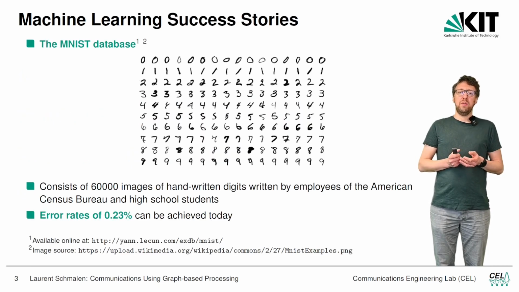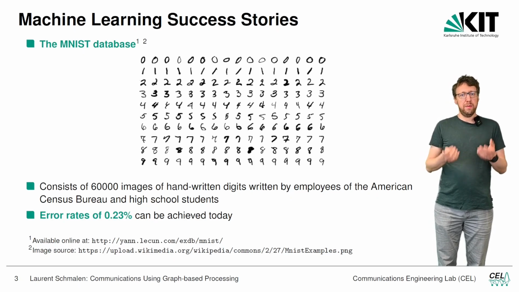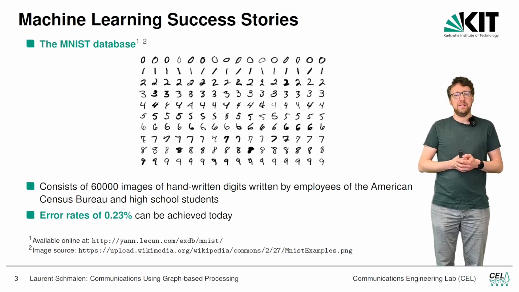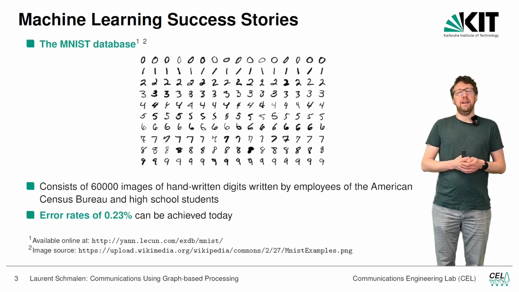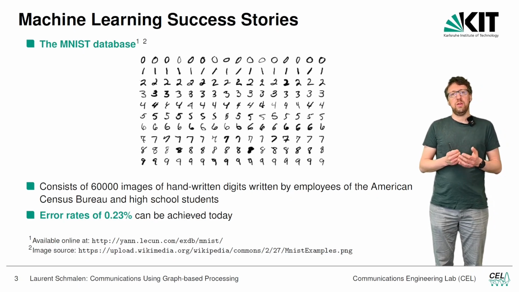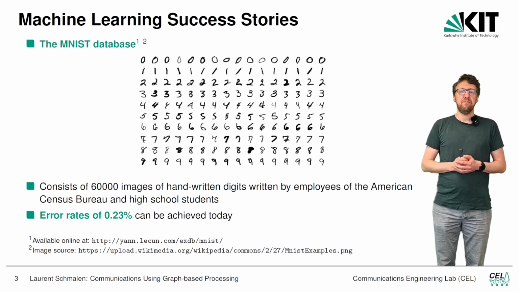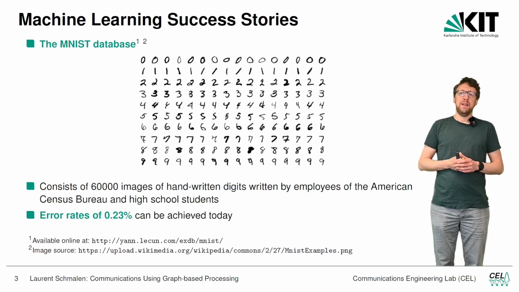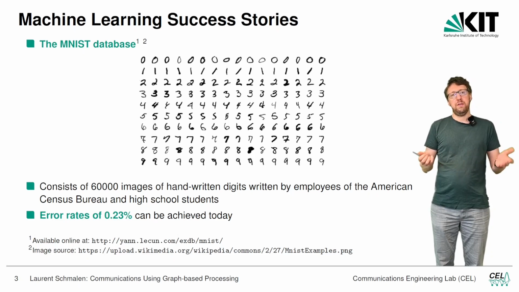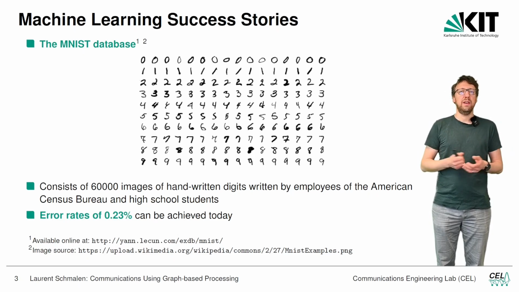All is based around topics in machine learning, and we probably all know that machine learning has had tremendous success in the past decade, let's say. If you have ever worked with machine learning, you have probably encountered the MNIST database. The MNIST database is a database of handwritten digits, and a very simple task is to recognize these digits.